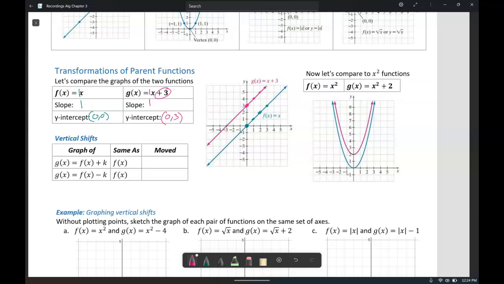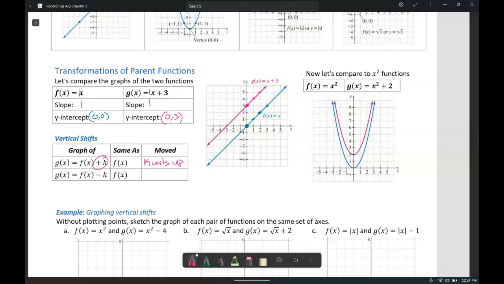And so what we can say is that g of x is actually the function f of x, but it's shifted. It's moved k units up. And in this case, it's moved 3 units up. We call that our k value when we're dealing with a transformation.